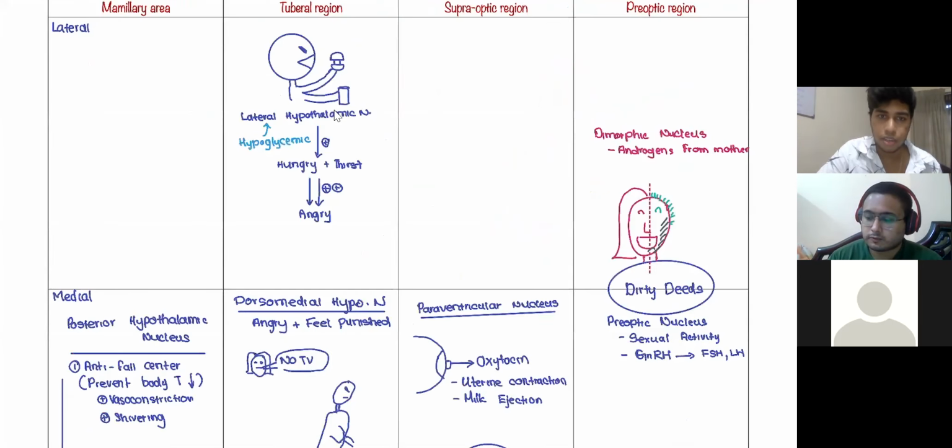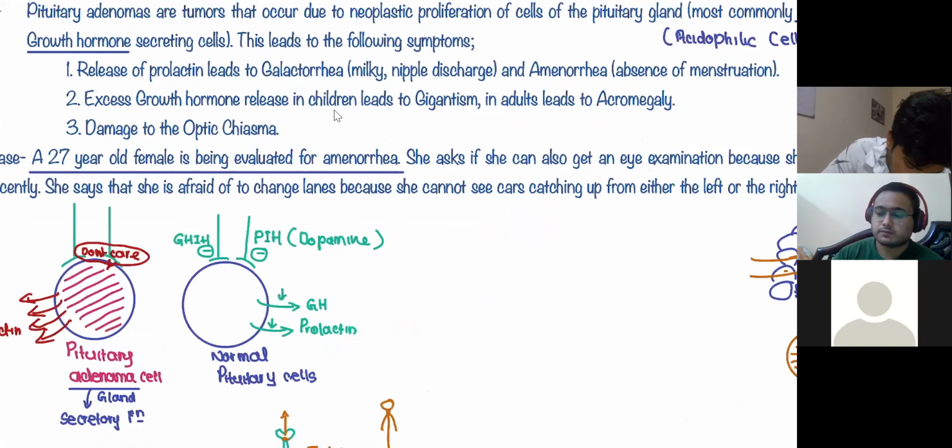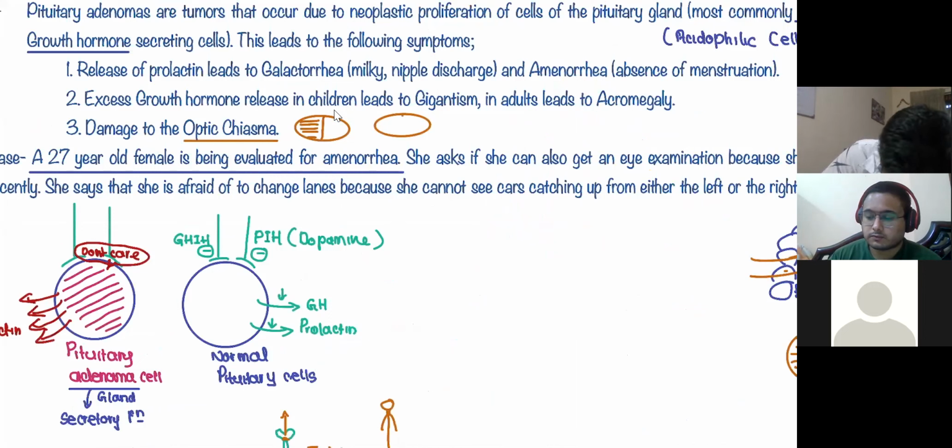Did you get the answer? If not, just send me a message and I'll explain it again. These patients will also have damage to the optic chiasma and bitemporal hemianopia.